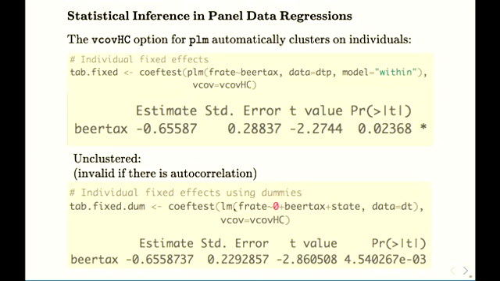So if you compared those two results, you would likely say, well, I don't really trust these unclustered standard errors. They're different, and they're probably different because they're not allowing for the autocorrelation. So that's how you would think through the differences that you got there if you happen to estimate them these two different ways.